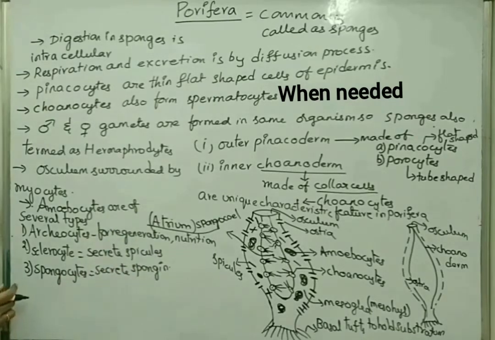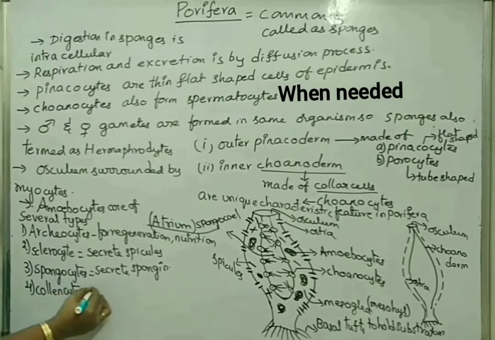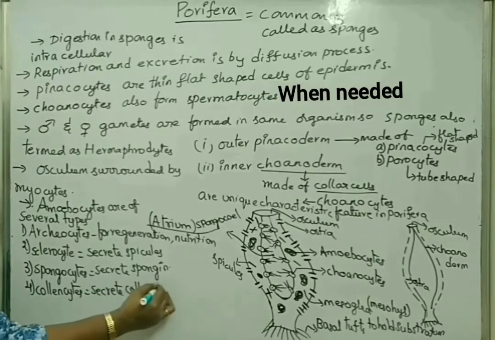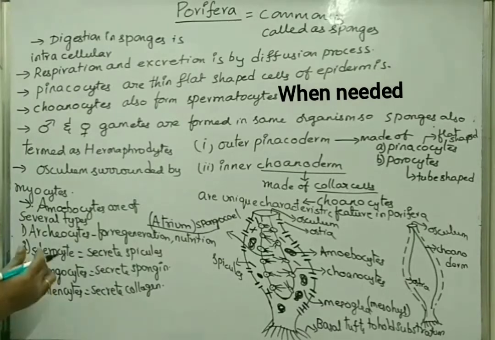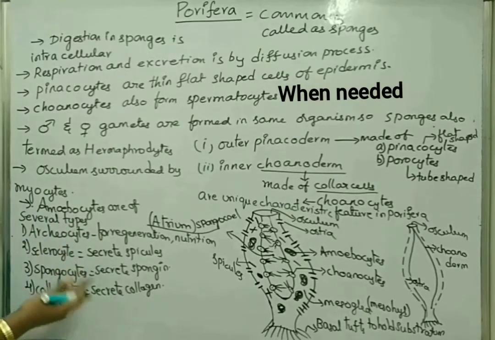Next, collencytes. They secrete collagen. Next is leukocytes, which try to move the organism from one place to another, but as sponges are sedentary, that doesn't happen.